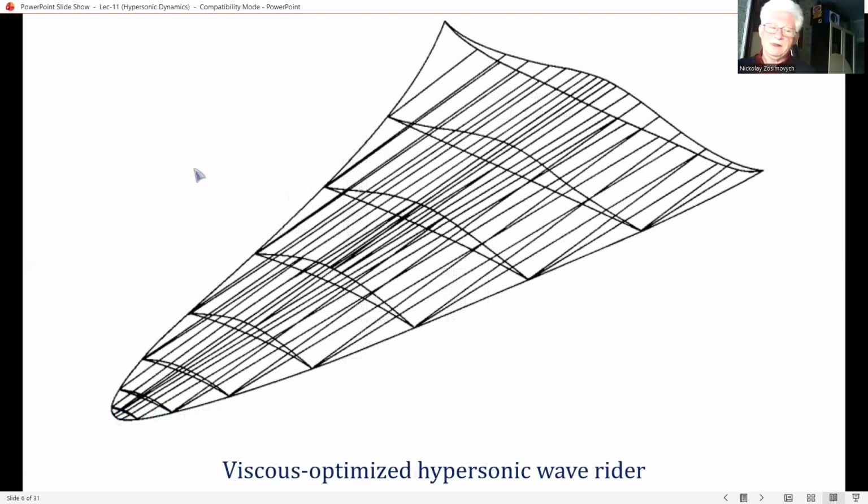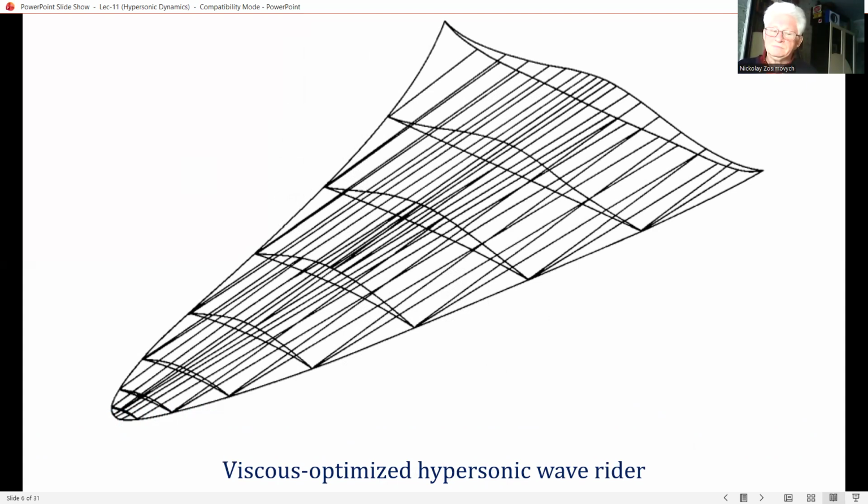Another example, this time emphasizing the role of skin friction drag, is given in this figure. Here, a hypersonic waverider designed to optimize the lift to drag ratio is shown.